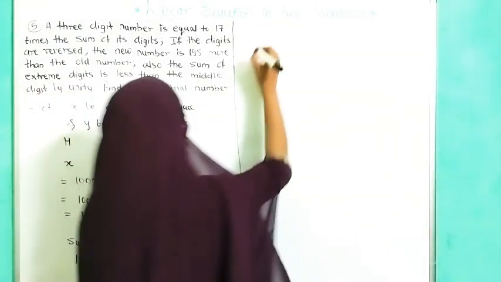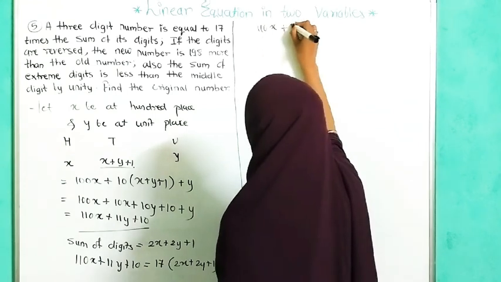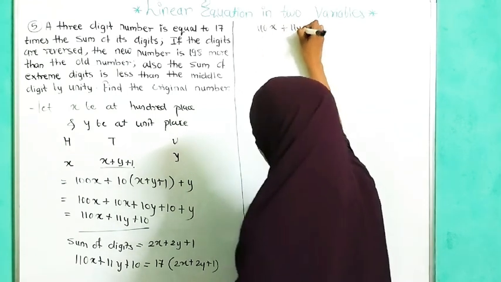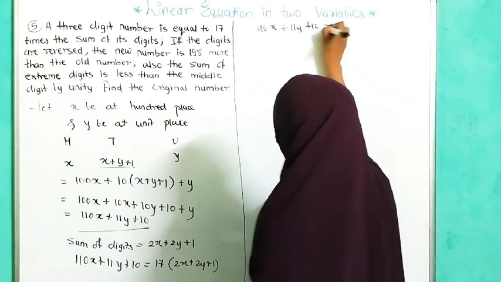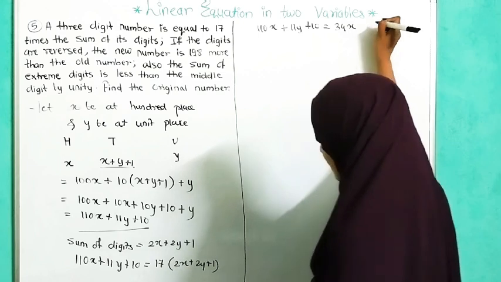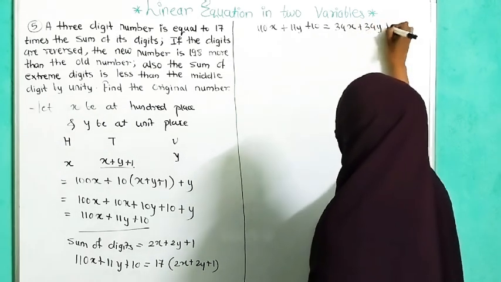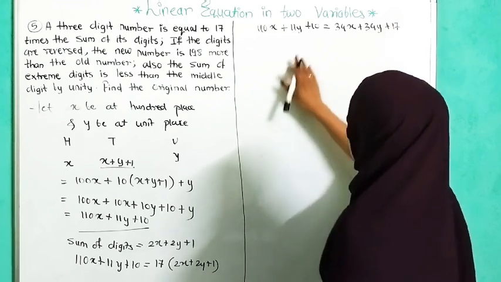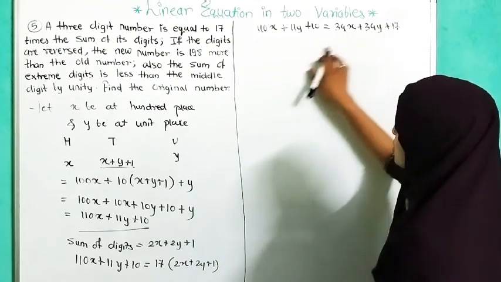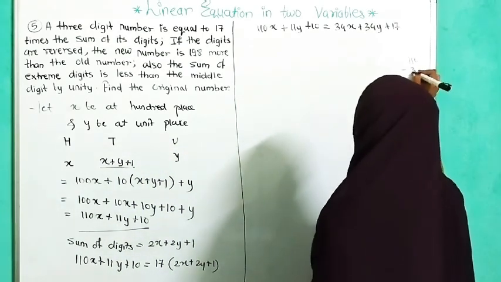So we write here 110x plus 11y plus 10 is equal to 34x plus 34y plus 17.